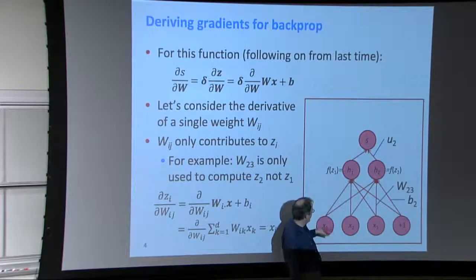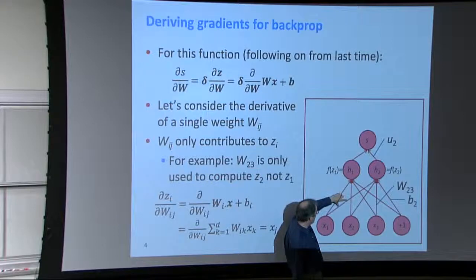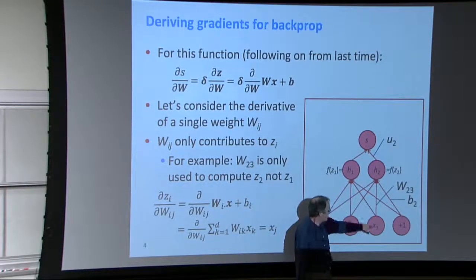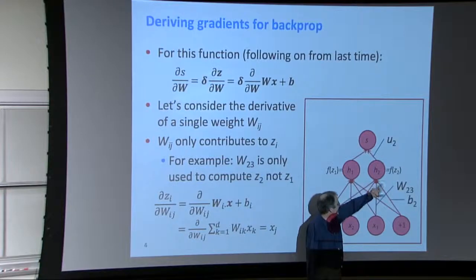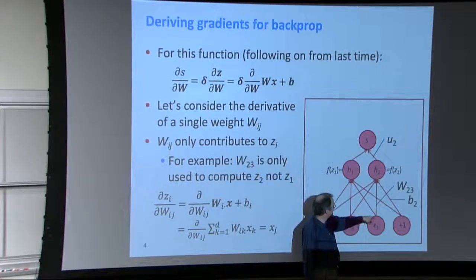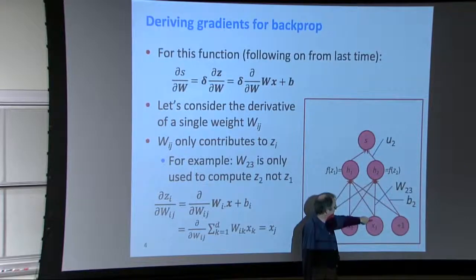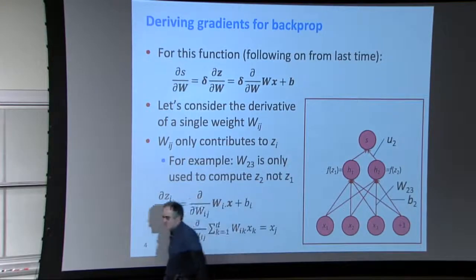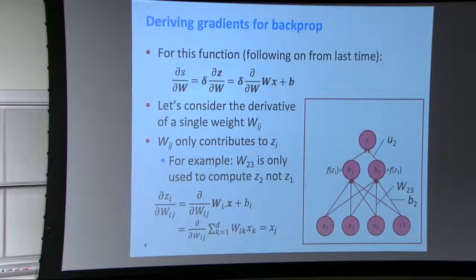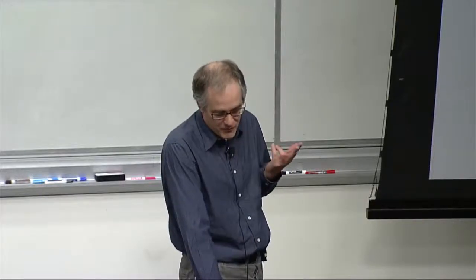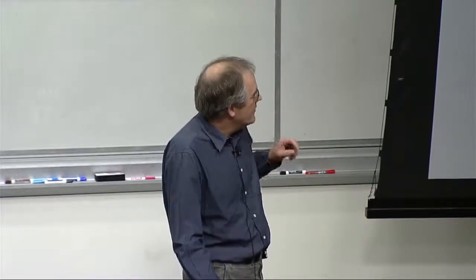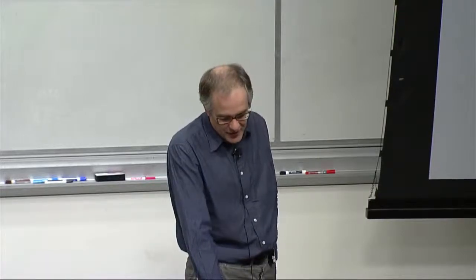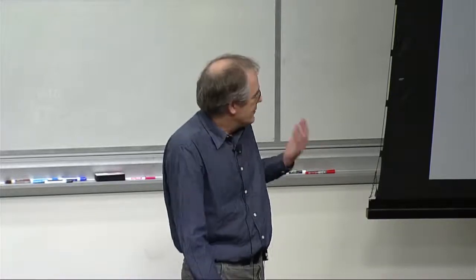For one element of the hidden layer, you take a row of the matrix and multiply it by the components of this vector, they sum together, and the bias is added on. But one element of the matrix is only used in a computation between one element of the input and one element of the hidden vector. So, if we're thinking about the partial derivative with respect to W_ij, it's only contributing to z_i, and it's only doing anything with x_j.